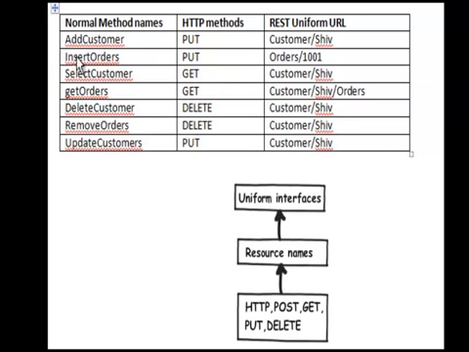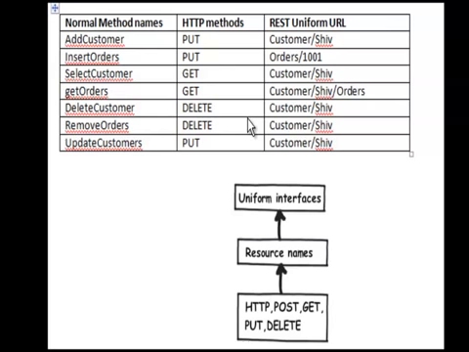For example, here you can see we have an add customer function. So what I've done is I have exposed a URL outside saying customer/Shiv, and if anybody calls a put on this URL, he'll actually go and add Shiv to the customers. In the same way, if I want to get some customer data, I can say customer/Shiv and do an HTTP get on that. So by combining the HTTP methods with the URL names, I can have more unified interfaces.